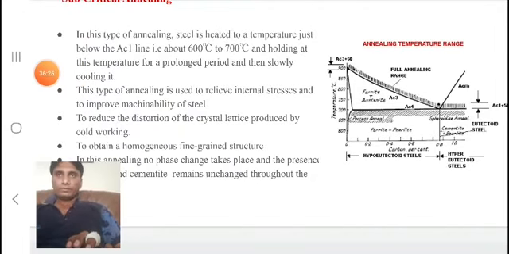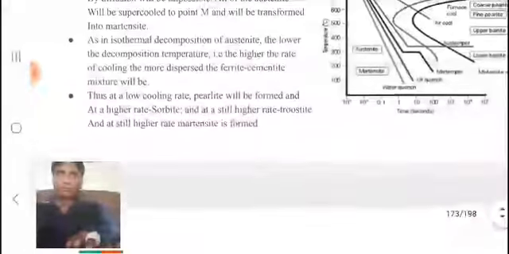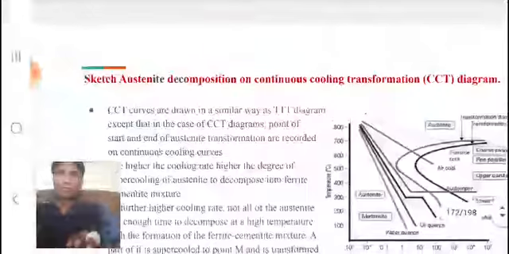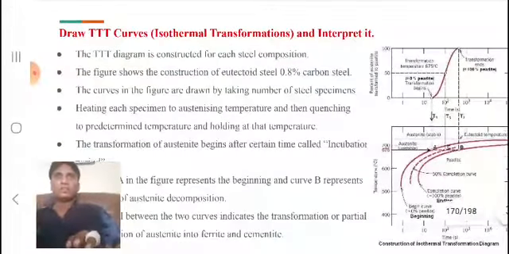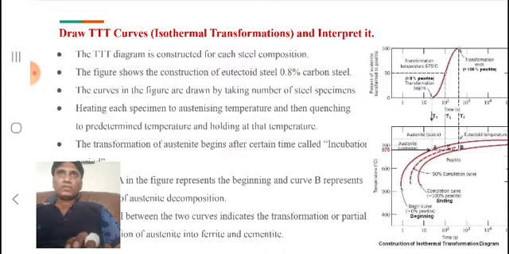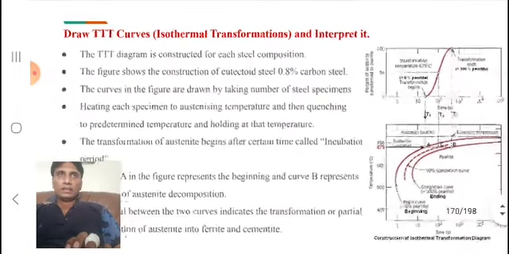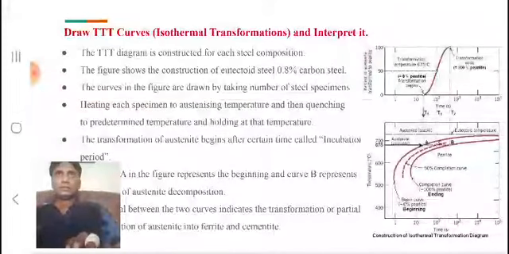In the beginning, I discussed isothermal transformation and continuous cooling, that is how the austenite is transformed into pearlite or the other microstructures, and the difference between the isothermal transformation and continuous cooling transformation.